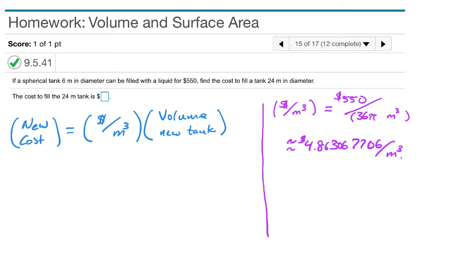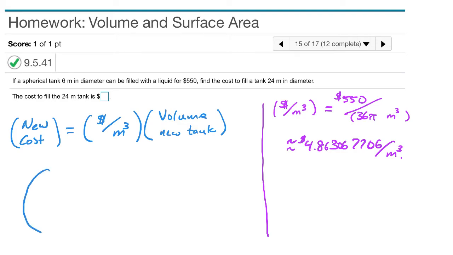And so that's kind of the calculation that we're going to make. Now, we have just found the cost per cubic meter for the liquid. And so now what we need to do is to find the volume of the new tank.